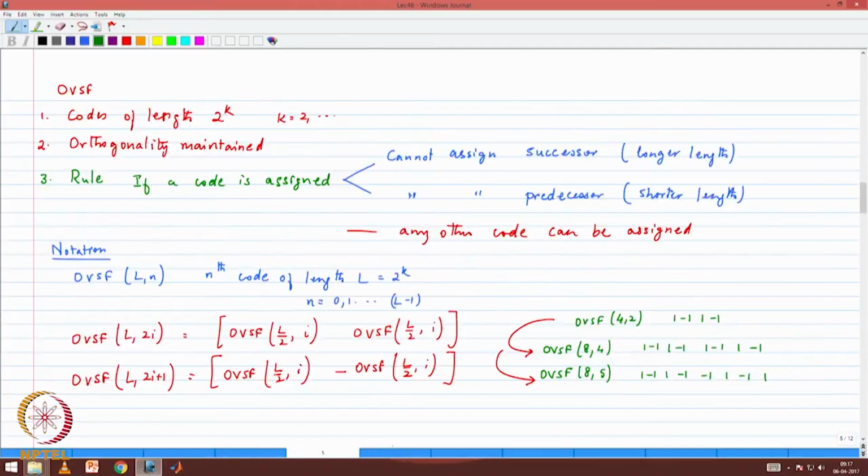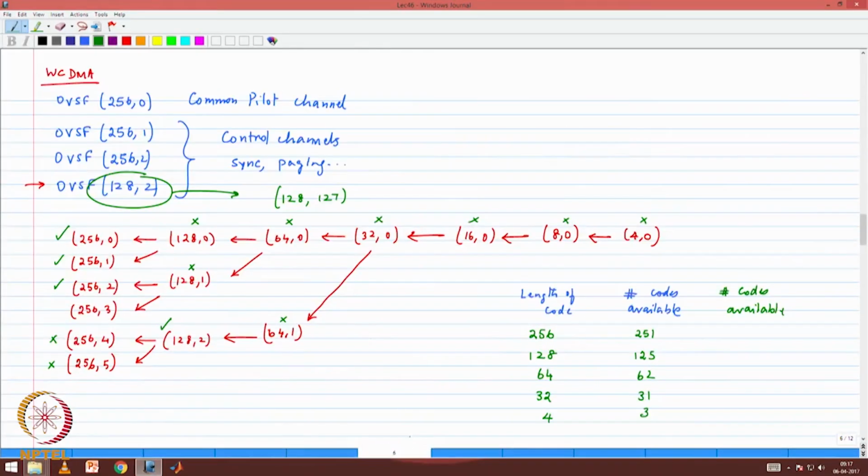Okay, yesterday we did the OVSF. We will not repeat that except to go through and fill in the last column. If you had assigned 128,127 instead of 128,2, you should get the following codes. It does not affect the length 256 codes, and does not affect the 128 codes.